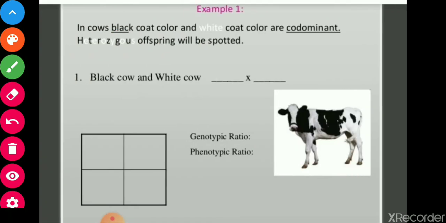And the first example, see here. When a black coat color cow is crossed with a white coat color cow, both are codominant in the heterozygous condition. So the black cow, suppose you can say, has the genotype capital B capital B, and here you can say this is small b small b.